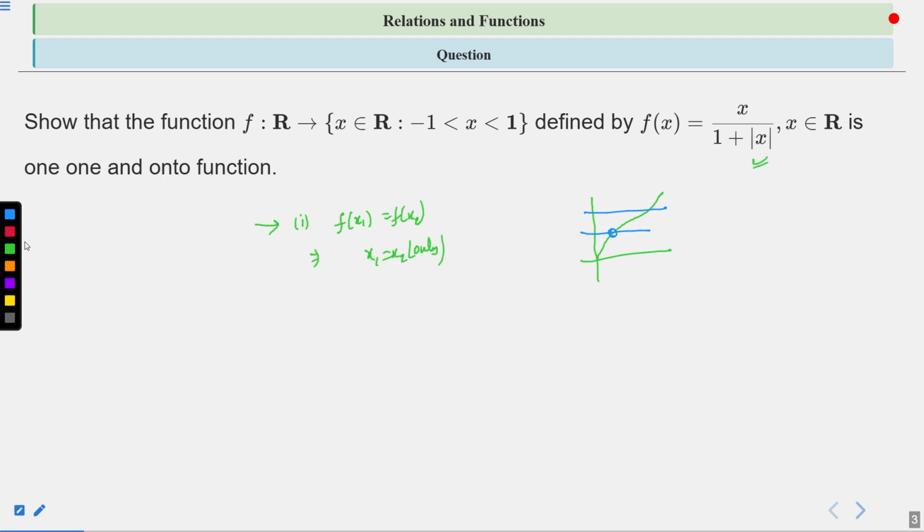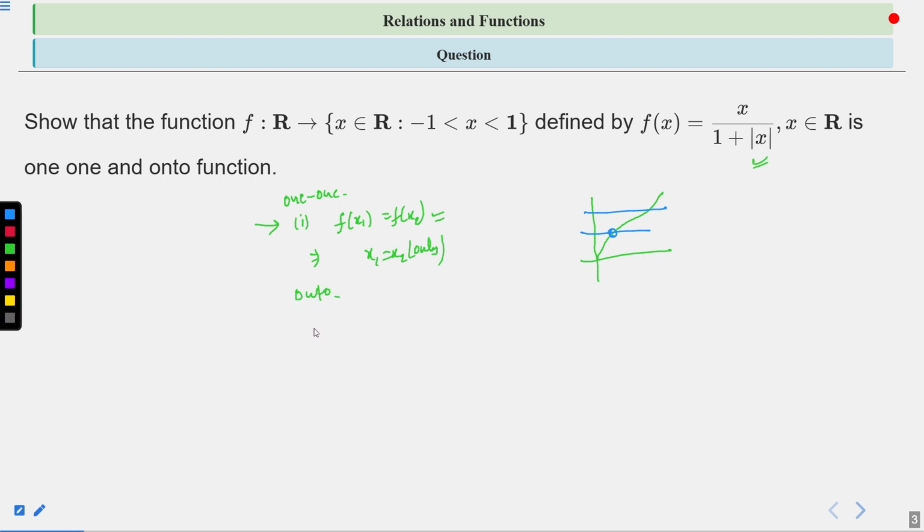So for the analytical approach, we will say if f of x1 is equal to f of x2, then it must be x1 is equal to x2 only after solving. This condition is for 1-1. For onto, what should be the condition?